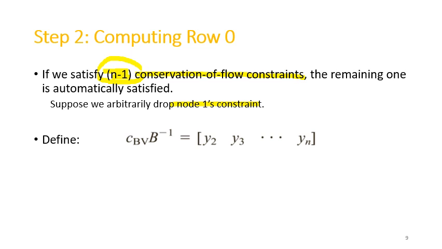So in our CBV B inverse for this kind of problem in the network simplex method, we only have n-1 components. Suppose we drop node 1's constraint, so we have y2, y3, and yn.